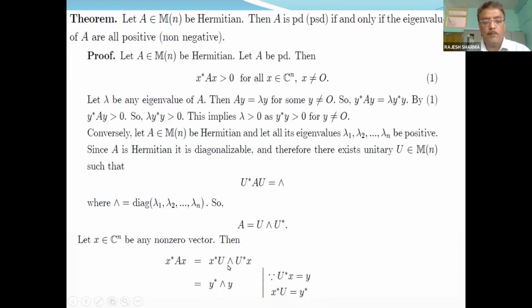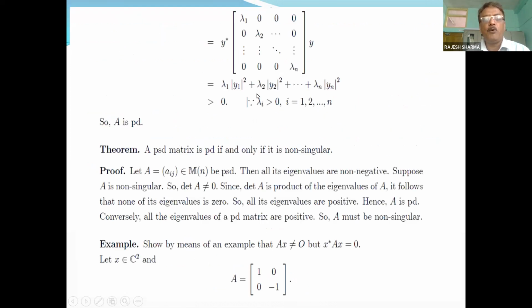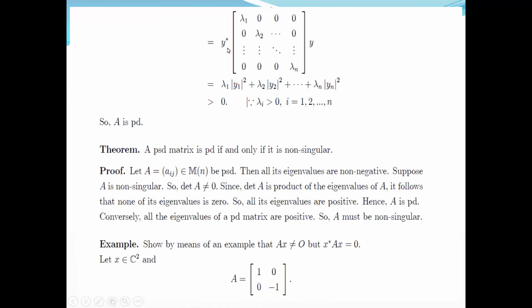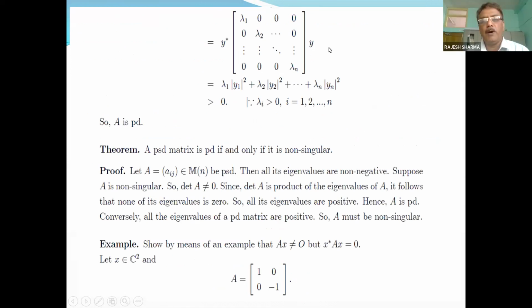So this is y star lambda y, with lambda the diagonal matrix. Now y is a column vector y1, y2 up to yn. Then we calculate lambda 1 mod y1 square plus so on up to lambda n mod yn square.